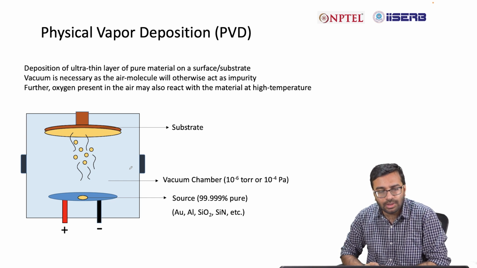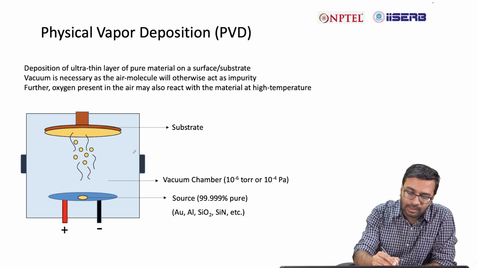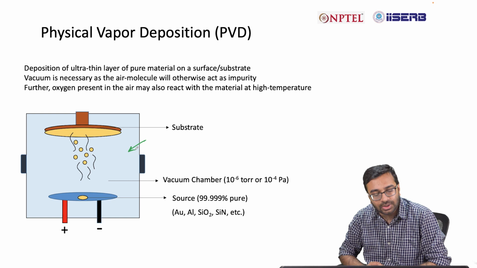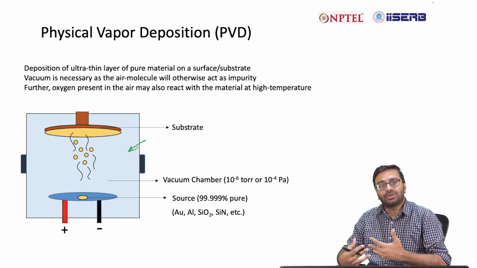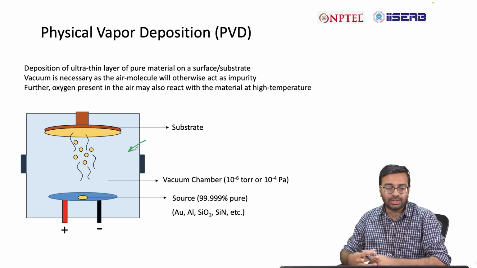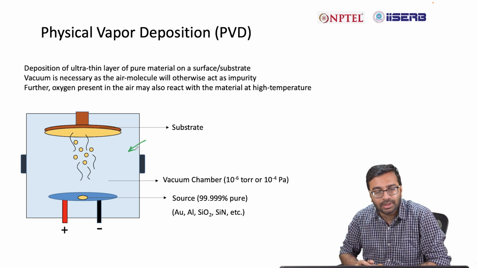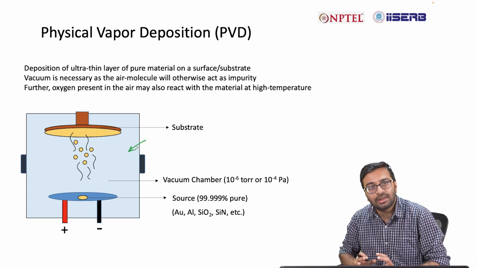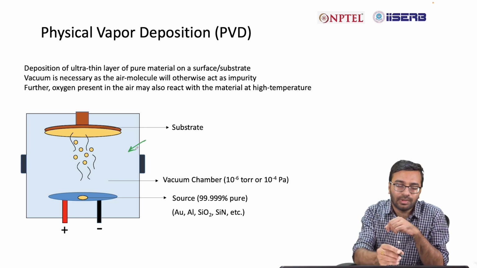So, you have to create a chamber where you can apply high vacuum conditions, and then start the evaporation or the deposition process. That is why one can also call it a vacuum deposition technique. The target is to deposit an ultra thin layer of pure material on top of a substrate.